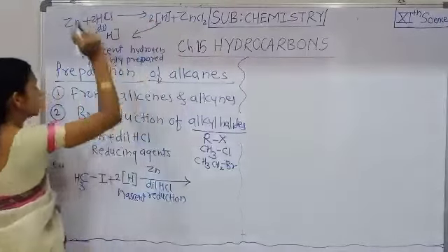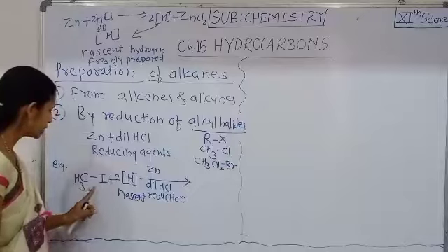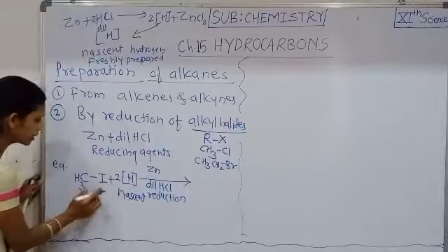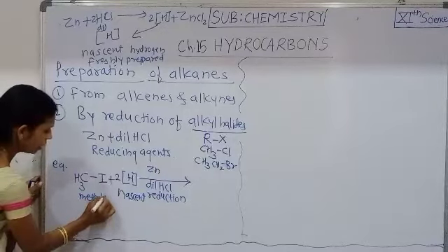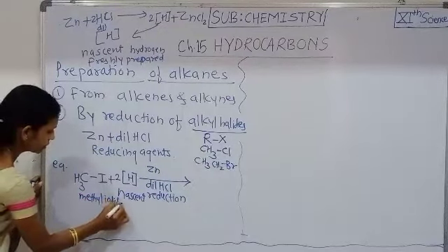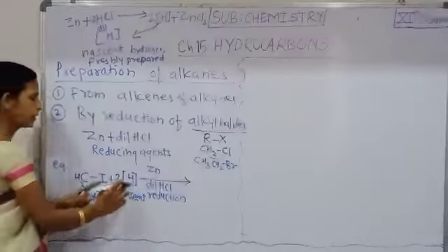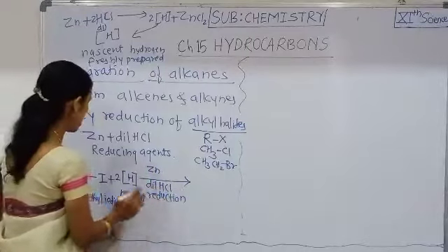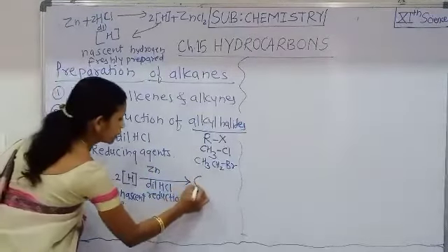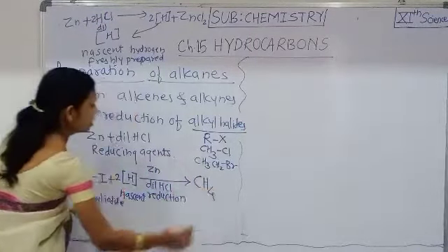This nascent hydrogen is used for the reduction of the alkyl halide. Here methyl iodide is reduced using the reducing agent zinc and dilute HCl, which gives the corresponding alkane, that is CH4.